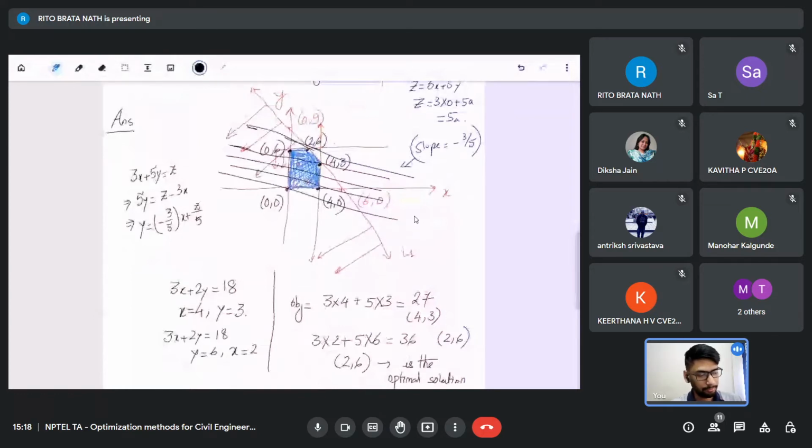Is my screen frozen? No, it's frozen, I guess. Okay, again some issue with internet. Let me stop sharing and reshare.